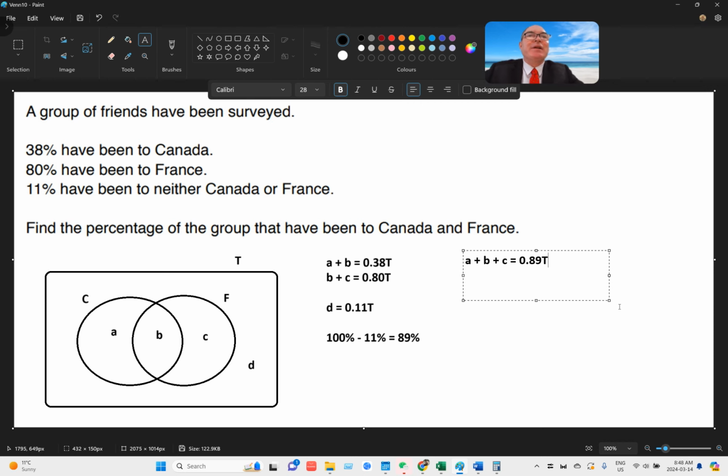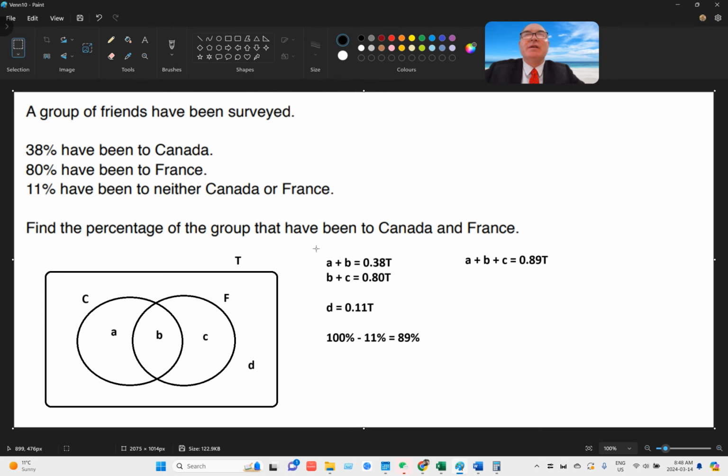Now what are we going to do? Well, we've seen something like this before. I'm going to look at these two equations and slide them up here. This is going to get a little messy for a second, but don't worry, it's all going to make sense in a moment.